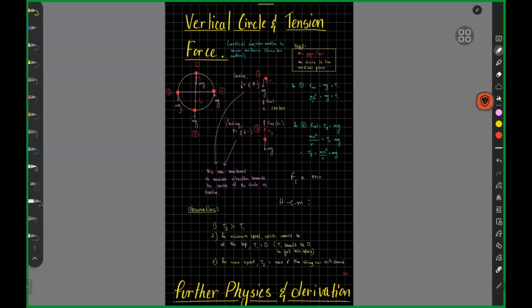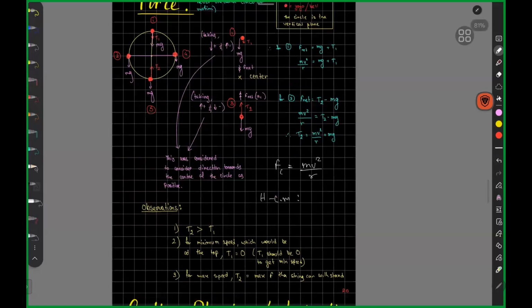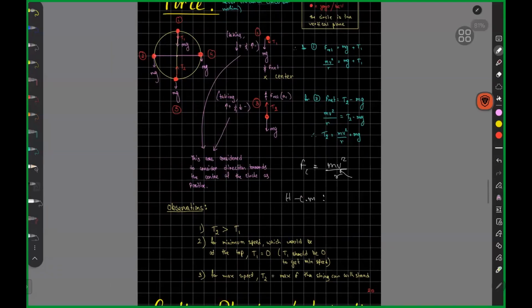Fc is equal to mv squared by r. What do we have in this equation? Velocity, right? So if my velocity is changing, isn't it obvious that my centripetal force must also change? So as a result of the velocity changing, we have our centripetal force changing as well.